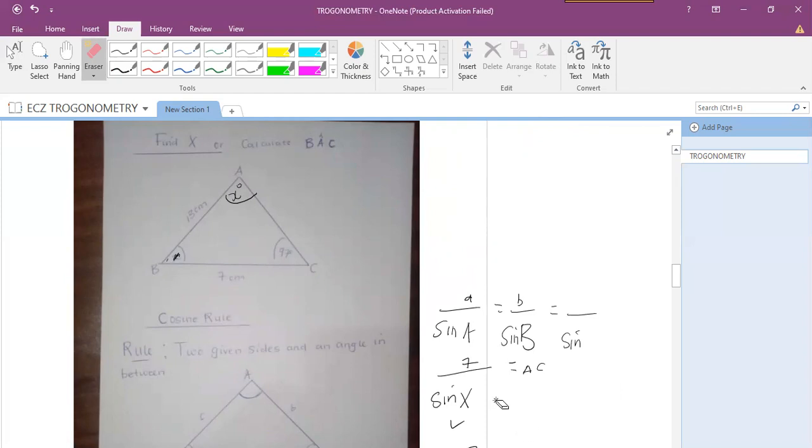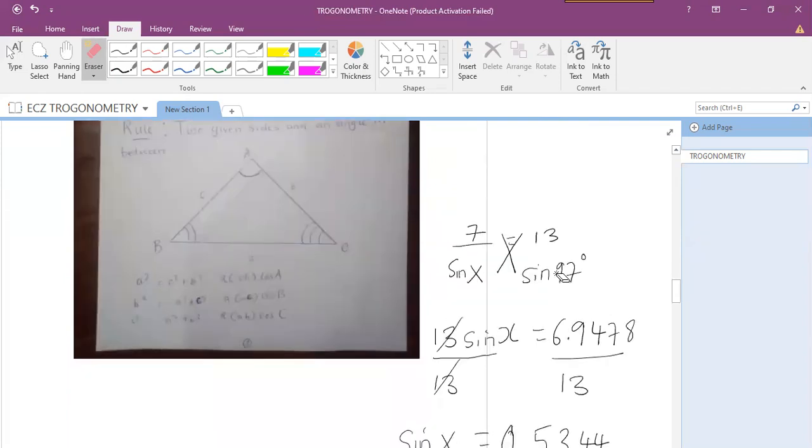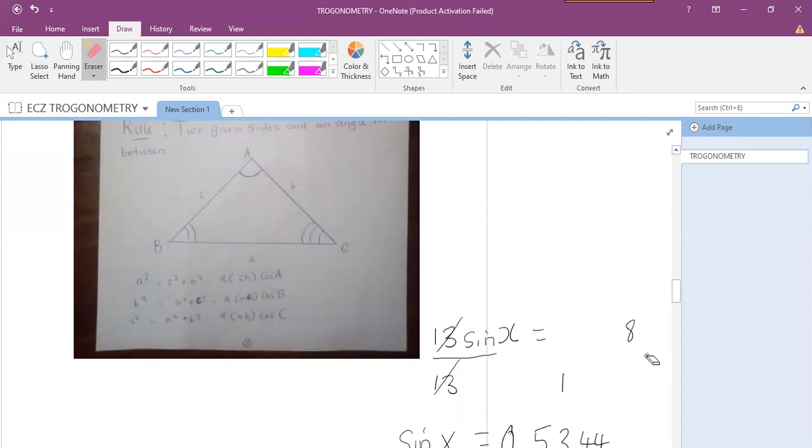Then once we learn how to do statistics, how to find variance, standard deviation, and how to plot the cumulative frequency table, that would be another 8 marks. When we go to graphing the trigonometric function, that would be another 8 marks.